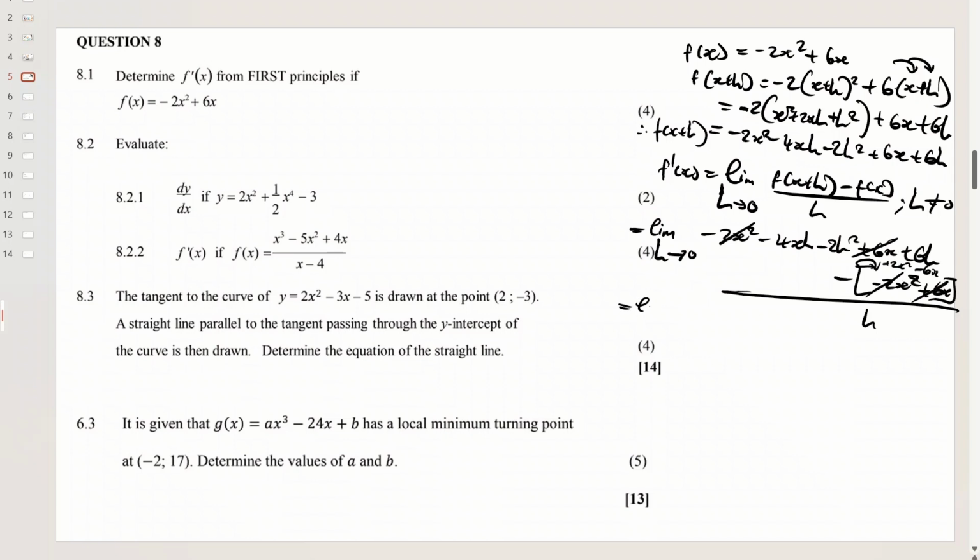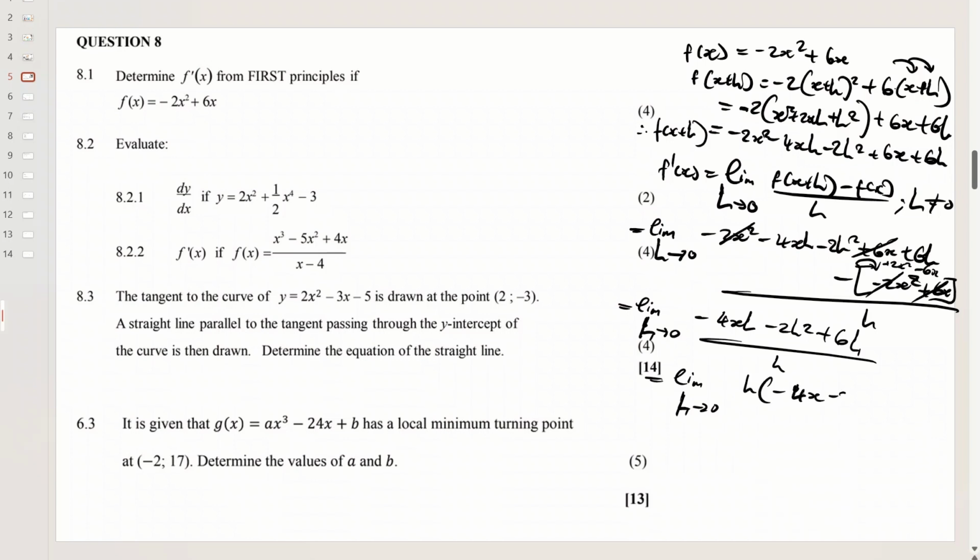So now you just have the limit as h approaches 0 of the remaining part, which is negative 4xh minus 2h squared plus 6h all over h there. So h is common. That's your factor. Factor that out. So if the limit is h approaches 0, this is not L, but h, guys. So h becomes your common factor there.